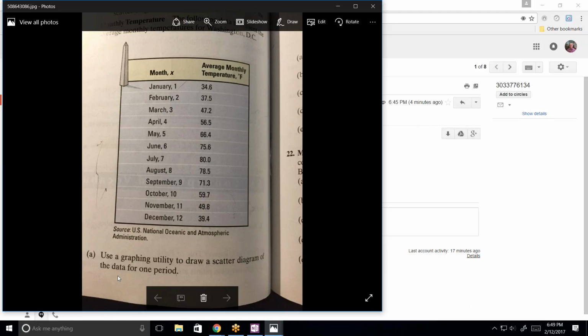What you'll see on that scatter diagram is something that looks very similar to a negative cosine curve. If you were to draw a negative cosine curve through the dots, that should approximate the sinusoid function pretty well.